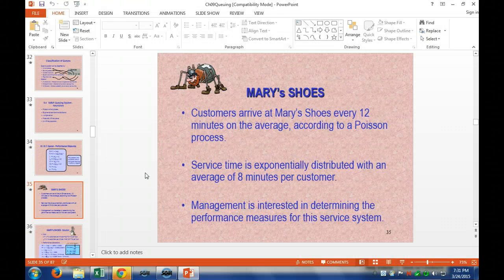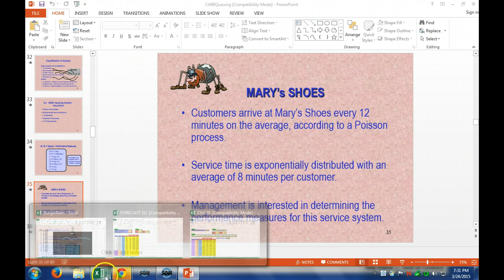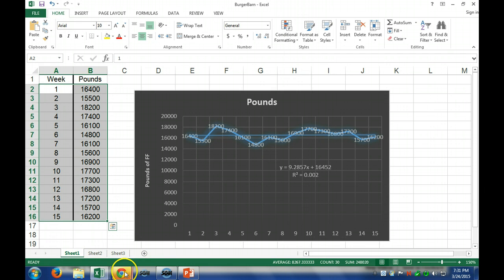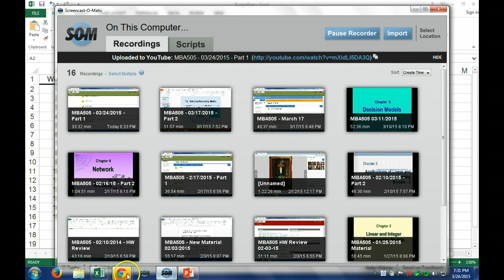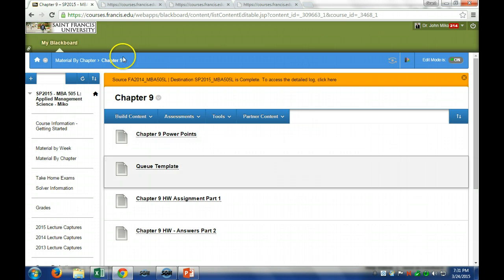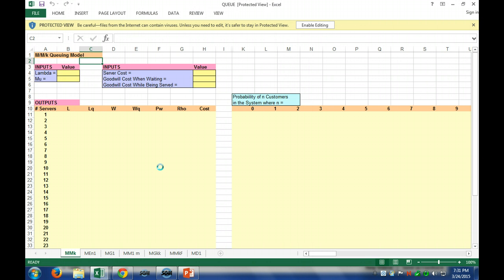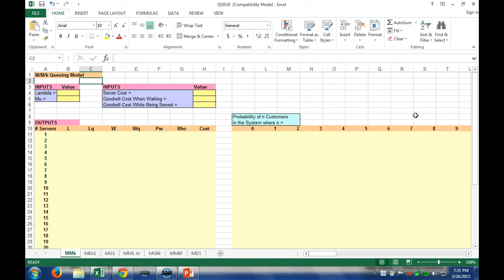As I promised, there is a template, and that's what we're going to use for this one. Let's go to chapter 9, and under chapter 9, you'll find a template called Q template. In this workbook, you'll notice various worksheets for the various forms of queues that we might get.